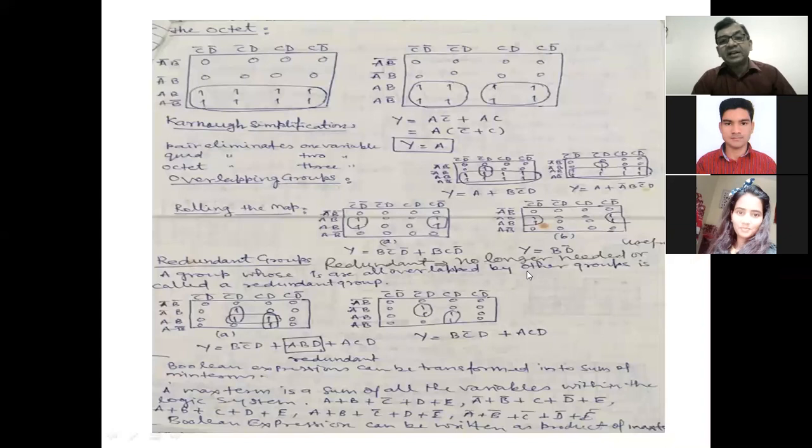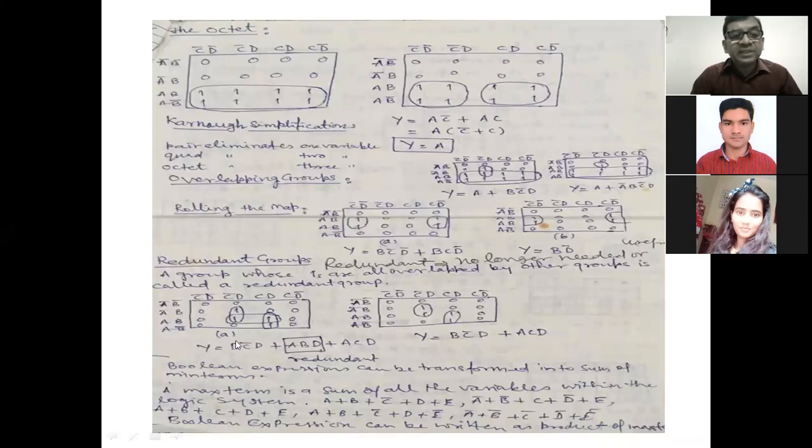Redundant group. Redundant means no longer needed. A group whose ones are overlapped by other groups is called a redundant group. For example, in this K-map, we can make a pair of these two ones, then these two ones, then these two ones. That is one pair, second pair, and this is the third pair.